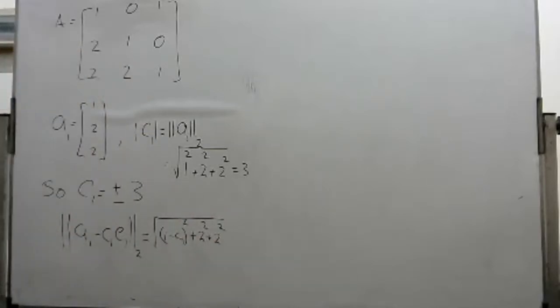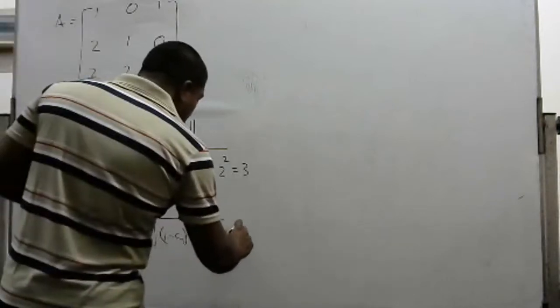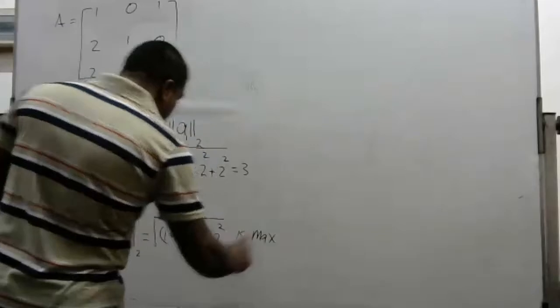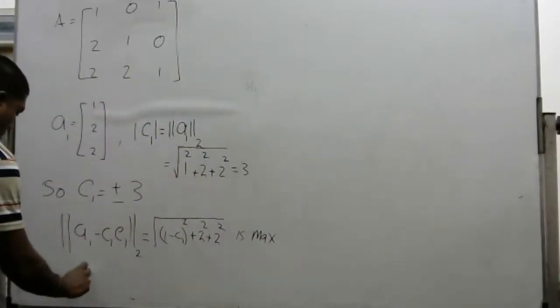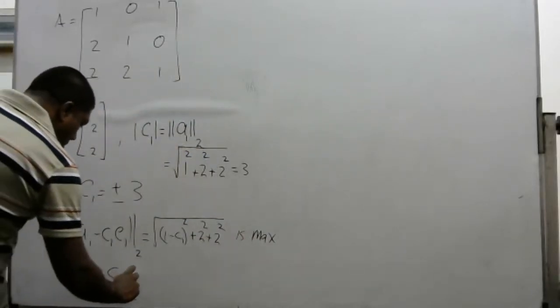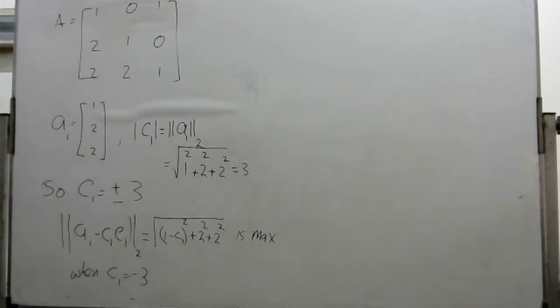Clearly, this is maximized when C1 is equal to minus 3. So we take C1 equal to minus 3.